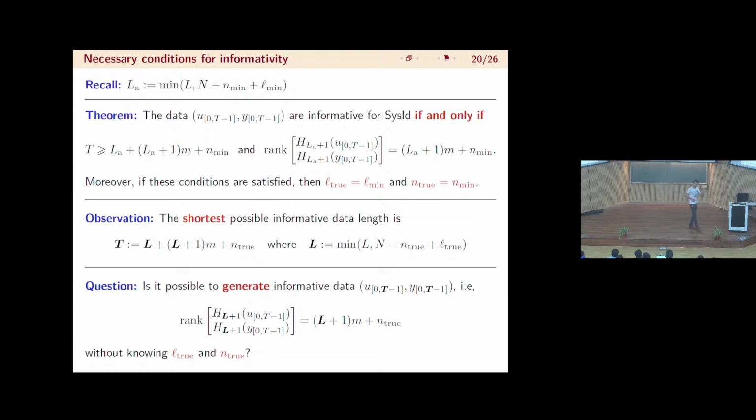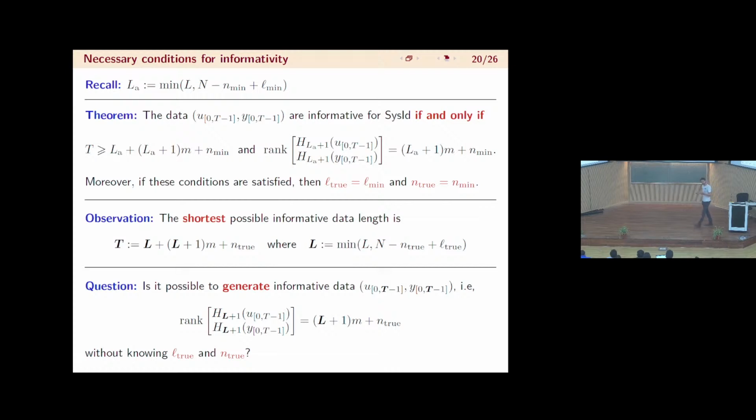So it's really non-trivial to answer this question, and at this point, we don't know whether it's possible to generate an experiment with exactly this number of samples. And the point is, of course, that I don't know N true and L true before doing this experiment.